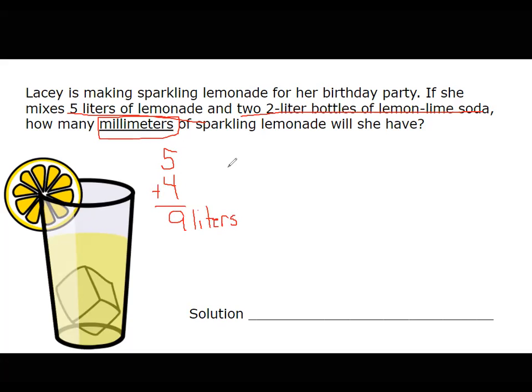But if we go back and look at our question, it says how many milliliters of sparkling lemonade? So we need to ask ourselves, what do we know about liters and milliliters? We know that in 1 liter, there are 1,000 milliliters.